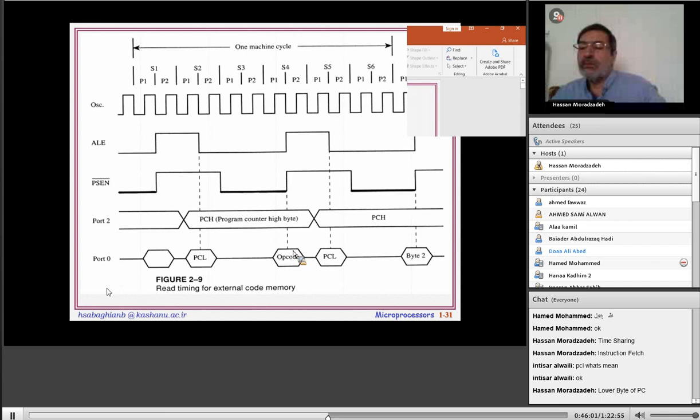These two items, PCL and PCH, mean the whole address bus, but here we see data bus. Address bus, data bus, address bus, data bus. As said in this slide, address data, but this is only address. That's right.